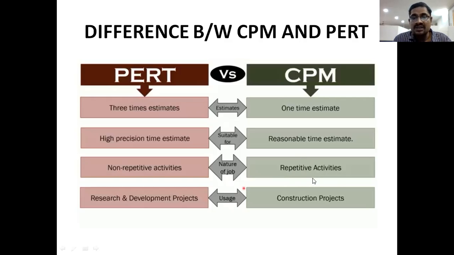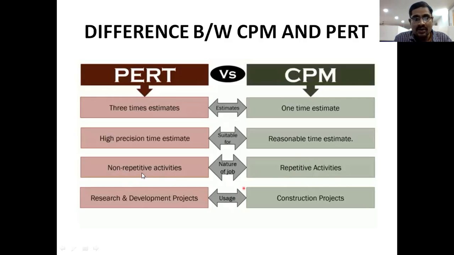So CPM is here one of the best examples. Take the bridge construction, right? Every bridge has the same activities to complete those projects. So that's why here we call it repetitive activities, right?